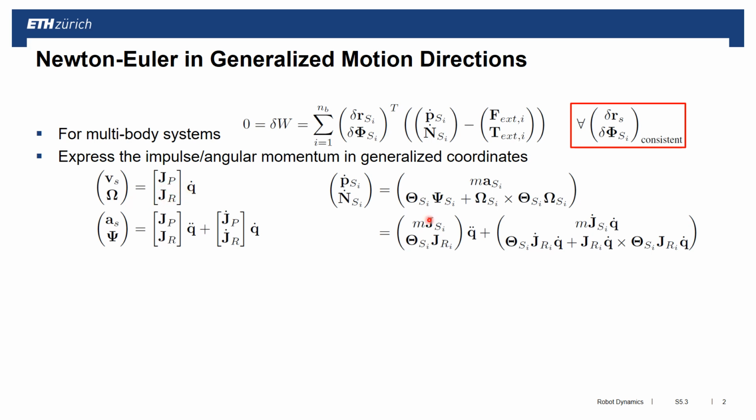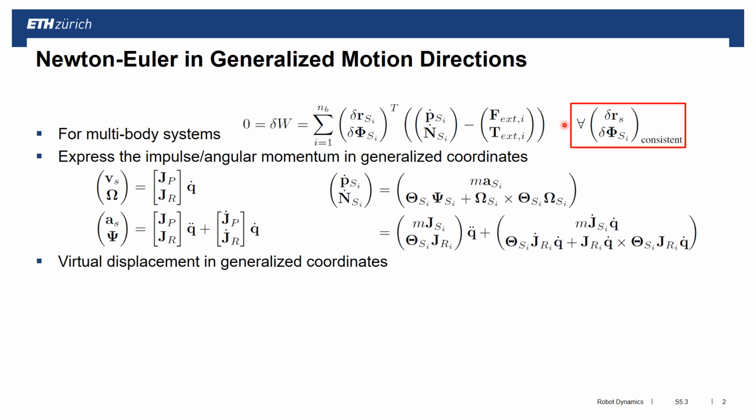So in other words, I now have a description of the change of linear impulse and change of angular momentum which only depends on mass properties of the system, so these m's and these inertias, and Jacobians, q dots, and q double dots.